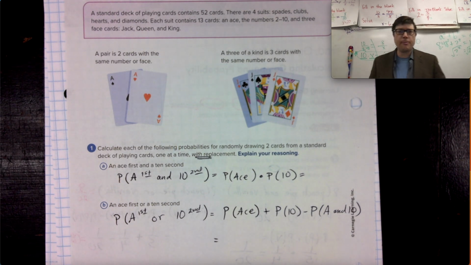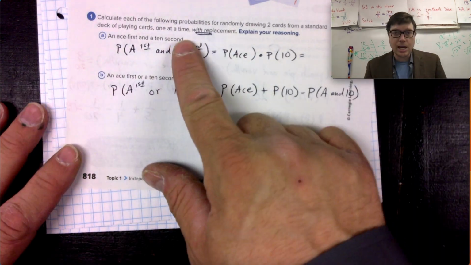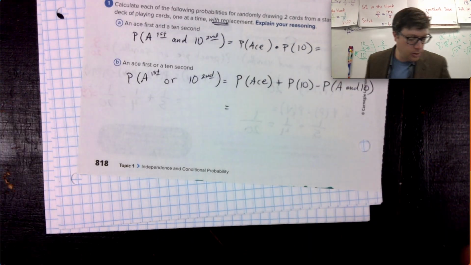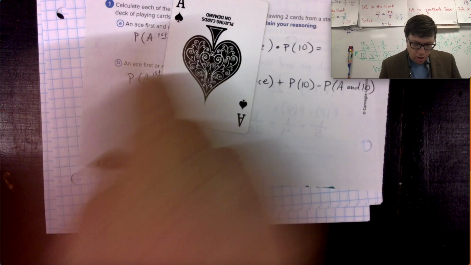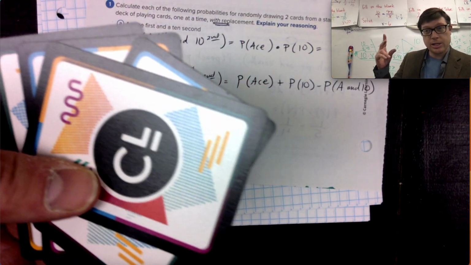Calculate each of the following probabilities for randomly drawing 2 cards from the standard deck of playing cards, one at a time with replacement. And by the way, what that means is if I'm drawing cards from a hand, and at some point after I've drawn my cards, I take that card out and I don't use it. Did you see the magic trick? Now I have 4. I didn't replace it.